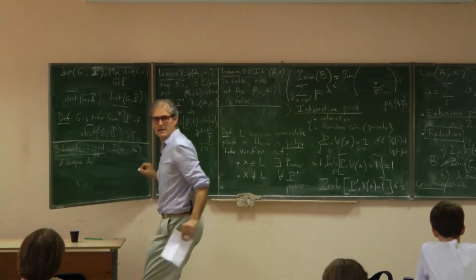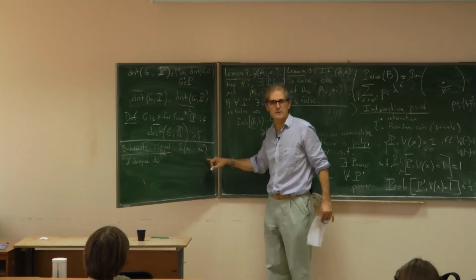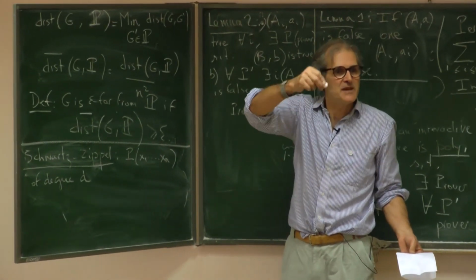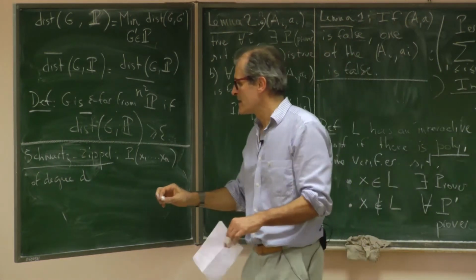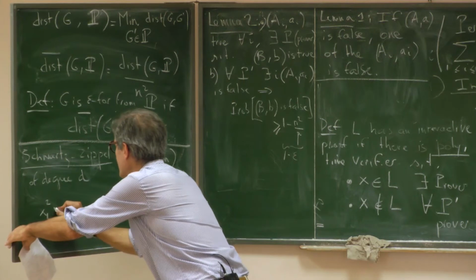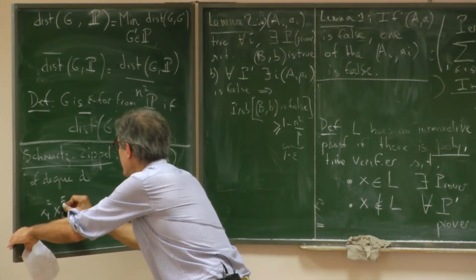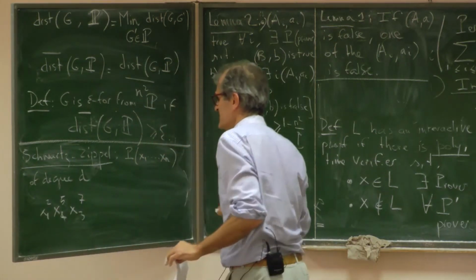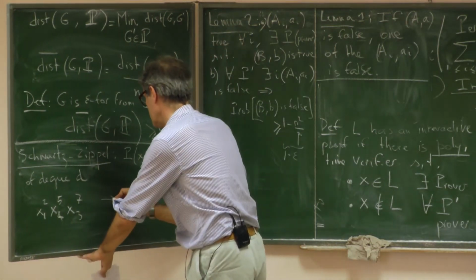So what is the degree of a polynomial with many variables? Well, you take the monomials and you add the degree of each of the variables. Okay? So for example, if you have x1 to the 2 times x2 to the 5 times x3 to the 7, the degree will be 14.